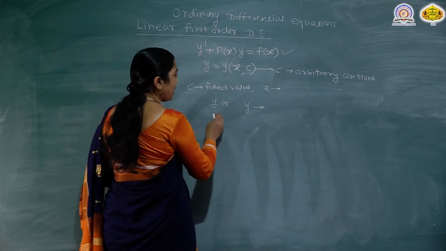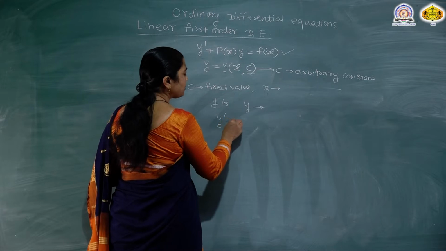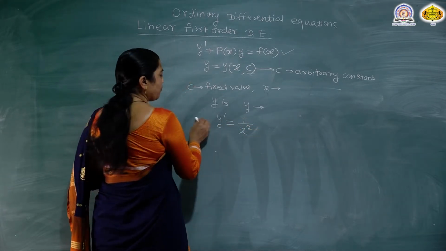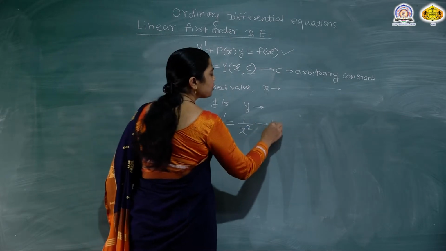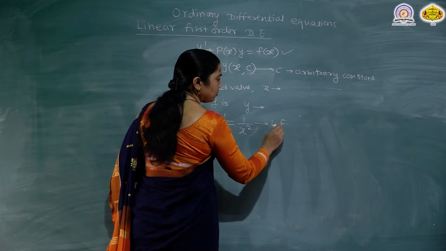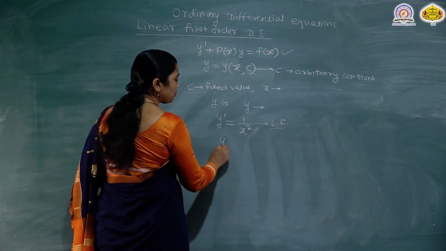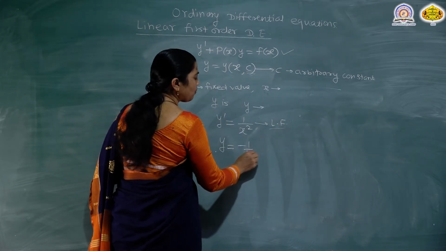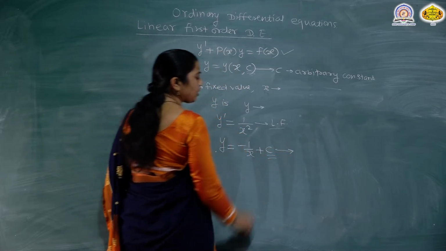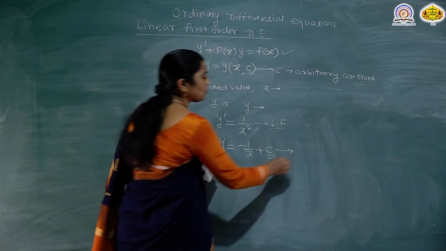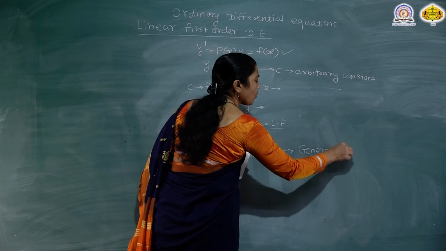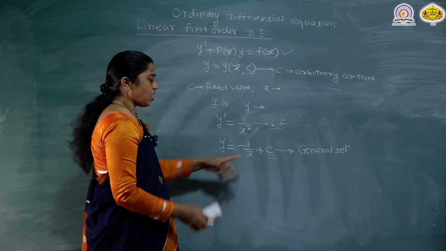For example, if you consider y dash is equal to 1 upon x square, then for this linear first order differential equation, we have the solution y is equal to minus 1 upon x plus c, where c is an arbitrary constant. This is known as the general solution of this differential equation.